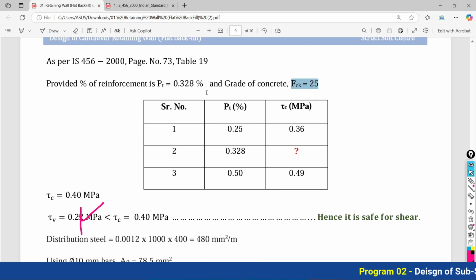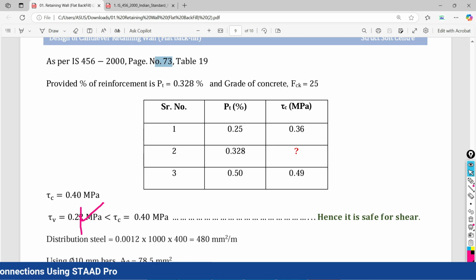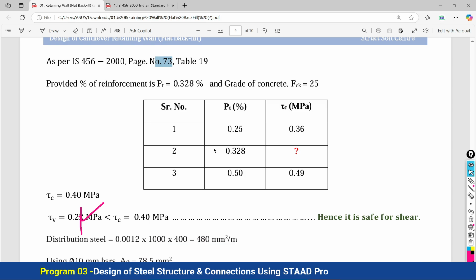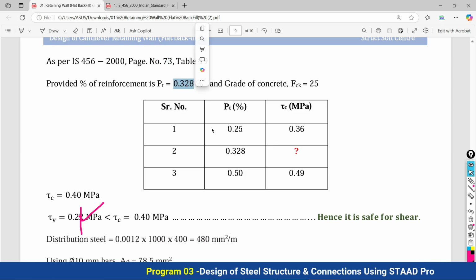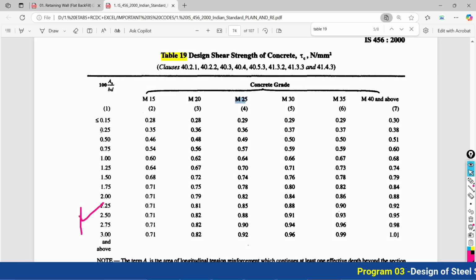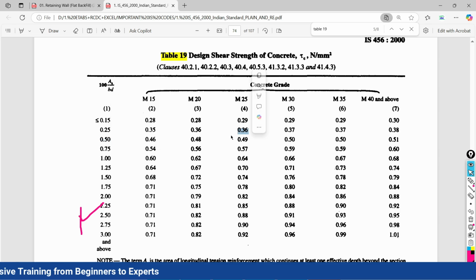Here, as per IS 456, page number 73, table number 19. Let me show you. For M25 grade of concrete, and as our percentage of reinforcement is 0.328, it comes in between 0.25 and 0.5. For 0.25, the M25 value is 0.36, and for 0.5 it is 0.49.